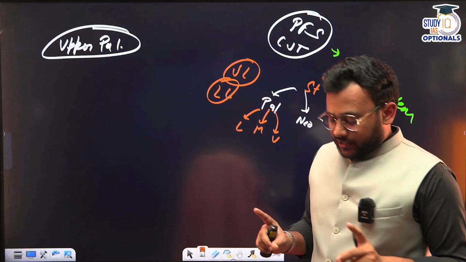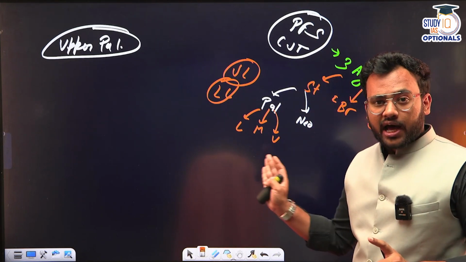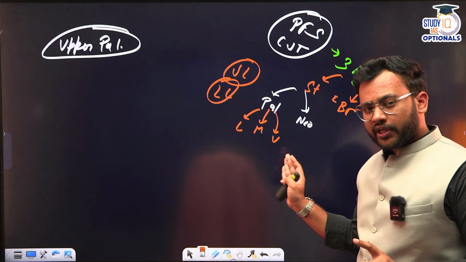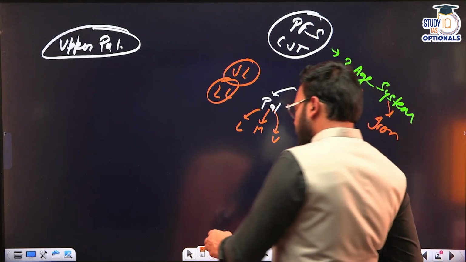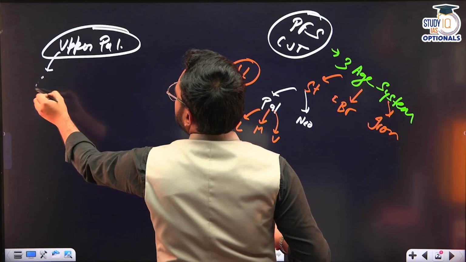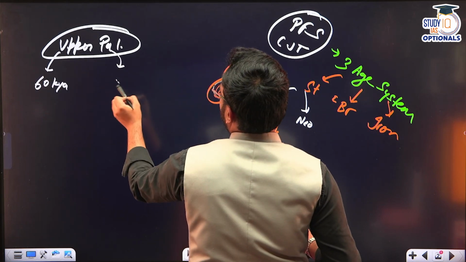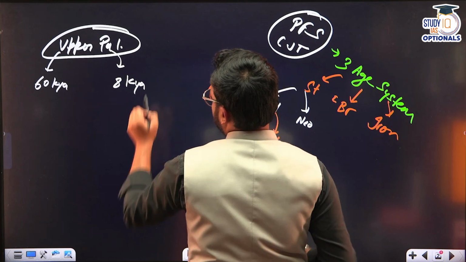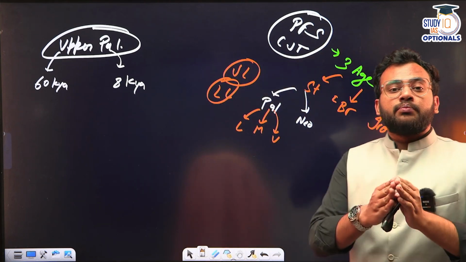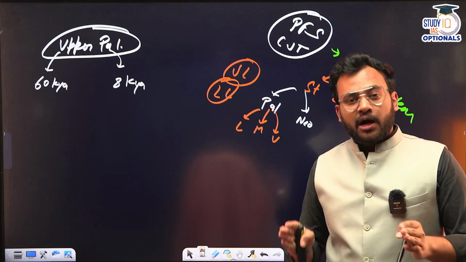All right. So Upper Paleolithic is the last leg of the Stone Age. This Upper Paleolithic globally ranges from roughly 60,000 years ago to around 8,000 years ago. So there is a huge range when we look at the Upper Paleolithic.